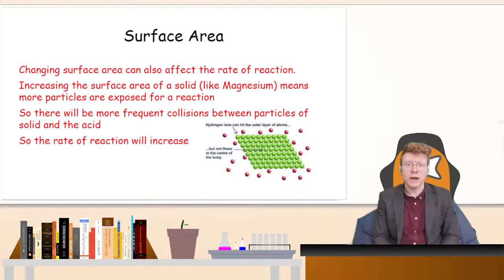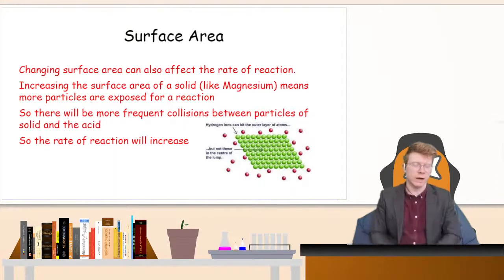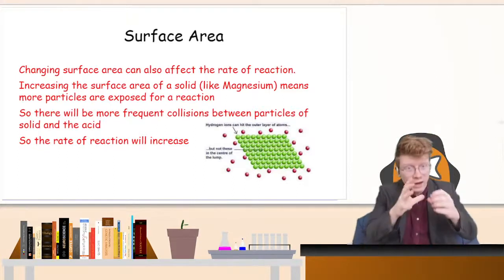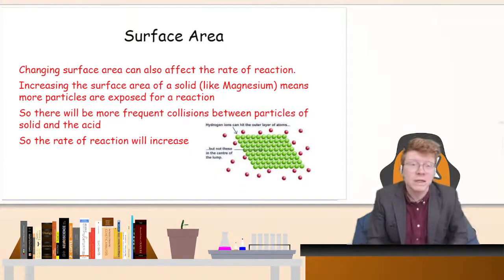So for example, if you had sodium hydroxide and hydrochloric acid, and you had a big block of sodium hydroxide, then your sodium hydroxide compound in the middle isn't going to be able to access those hydrogen ions in solution, so it won't be reacting.